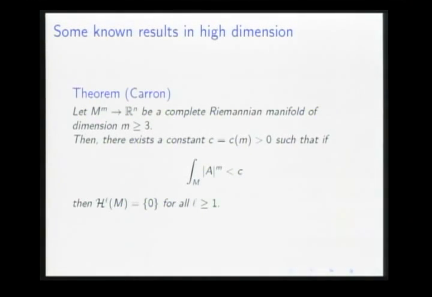Carron has another very interesting result: there is a constant which depends only on the dimension of M, such that if this integral is less than this constant, then all these spaces are trivial. Later, at the end of the talk, I'll talk about the relation with the parabolicity of the ends in this case.